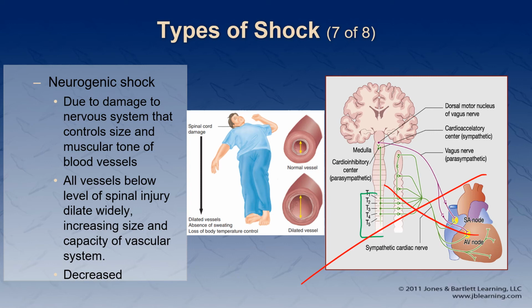But you can't have that with bad neurogenic shock, right? So they're hypotensive with a normal to slow heart rate and warm extremities.